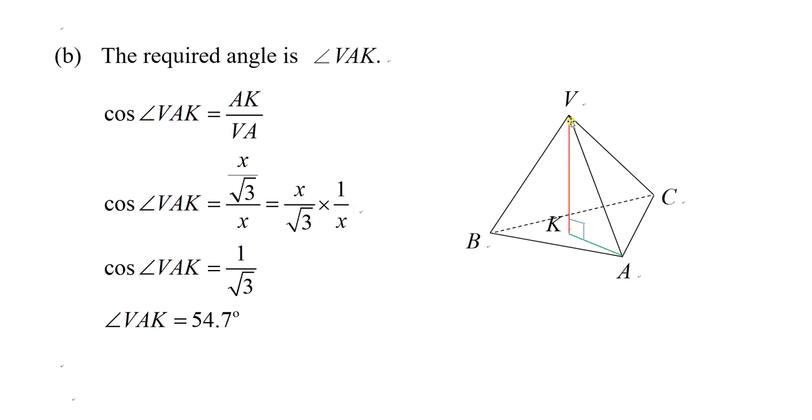In this triangle VAK, cosine of angle VAK equals AK over VA. AK is x over square root 3 as found above, and VA is x. So simplify the complex fraction. You will get 1 over root 3. That's independent of x. Cosine of angle VAK equals 1 over square root 3. Therefore, angle VAK is about 54.7 degrees, correct to 3 significant figures.